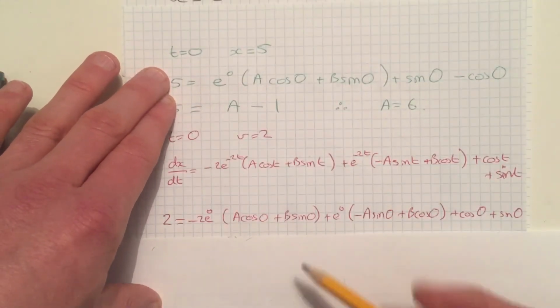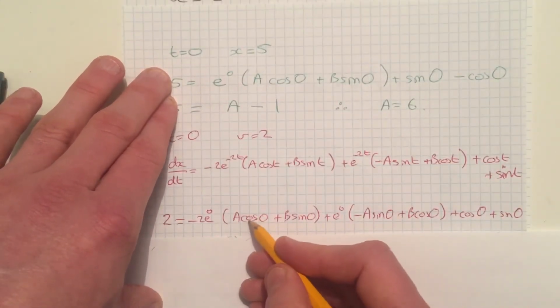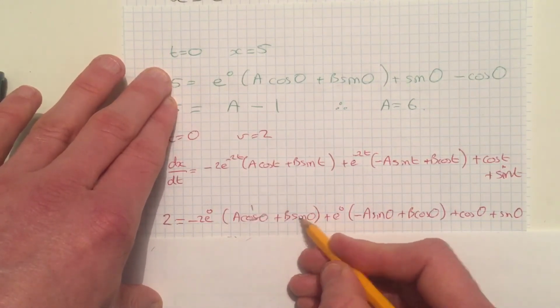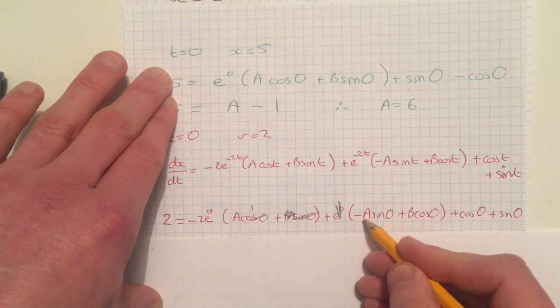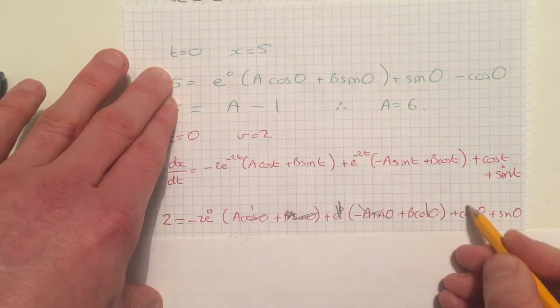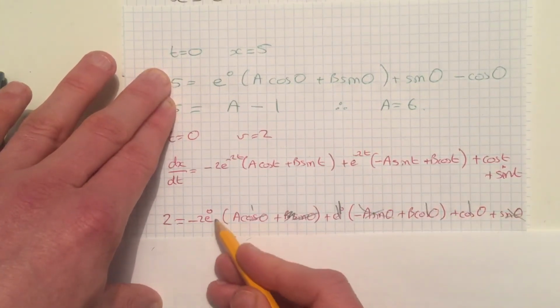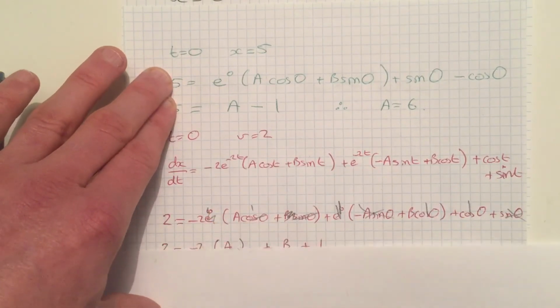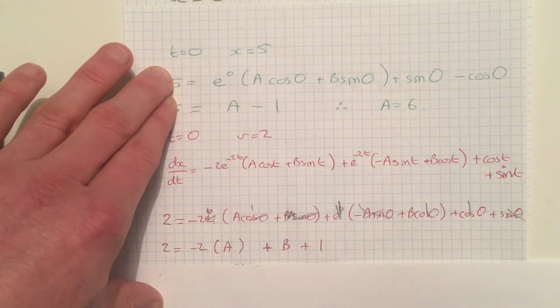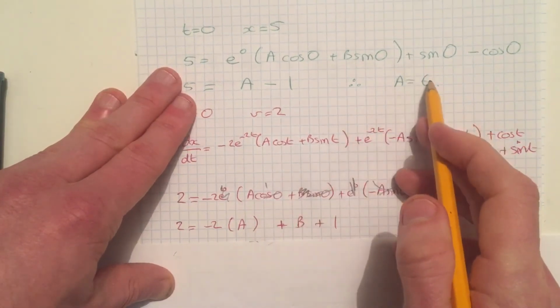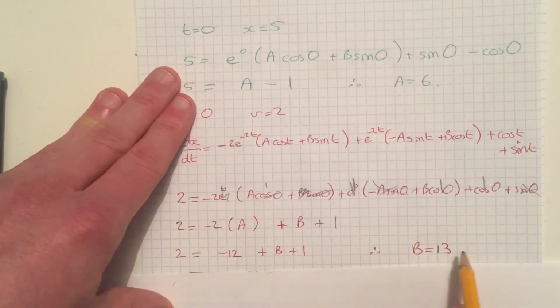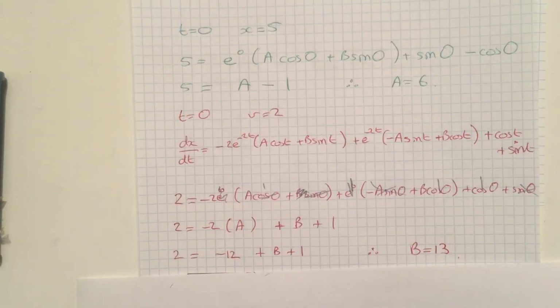And then just going through and simplifying, because we know that cos 0 is 1, sine 0 is 0, that's going to be a 1 there, that's going to be a 0, that's going to be a 1, 1, 0, that's obviously just going to be a 1 there at the front. Going through all of that now, and now we know that a is 6, so that allows us to work out that b must be 13.